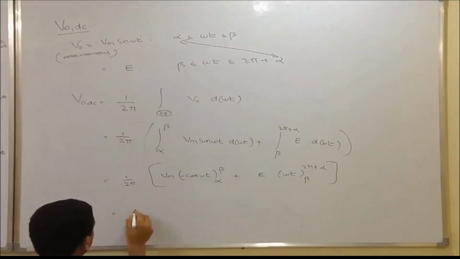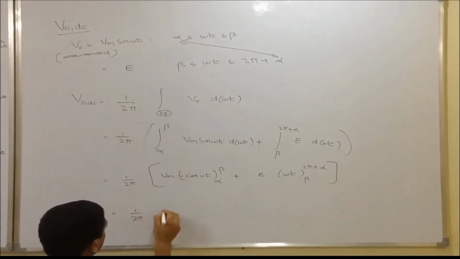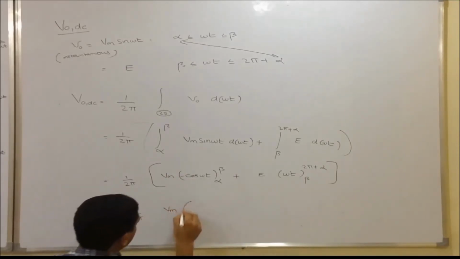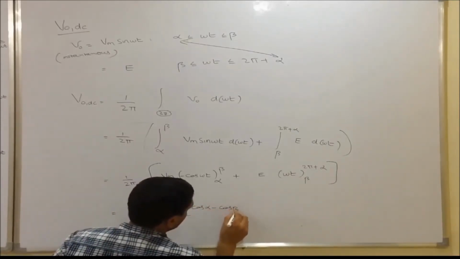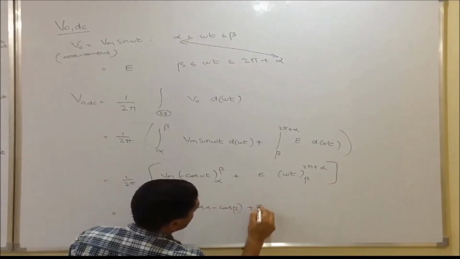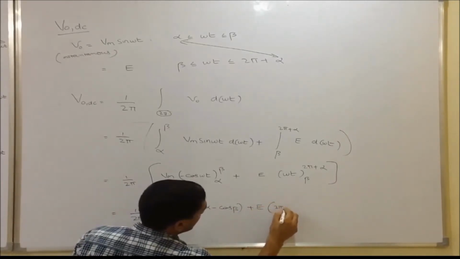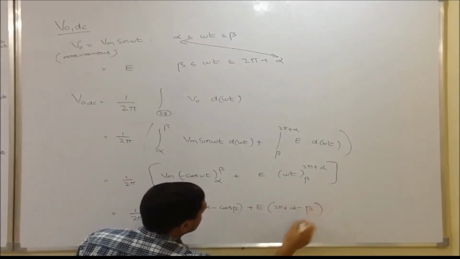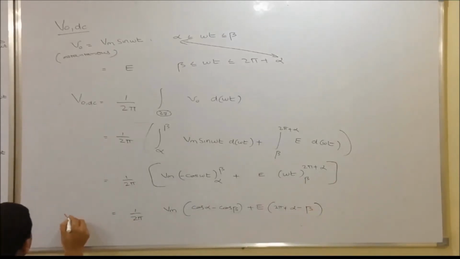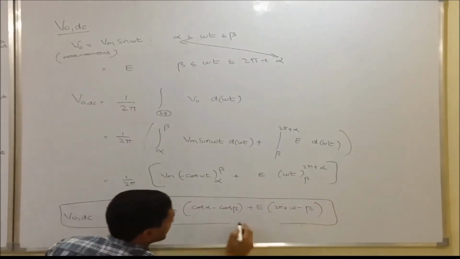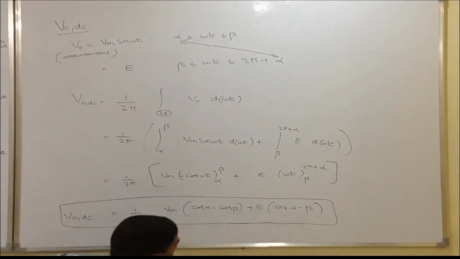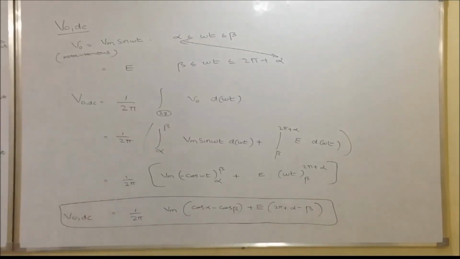Now it becomes 1 by 2 pi into Vm (cos alpha minus cos beta), substituting the limits, plus E into (2 pi plus alpha minus beta). This is the expression for V0 DC, that is the average output voltage. This is the first method, the direct method.